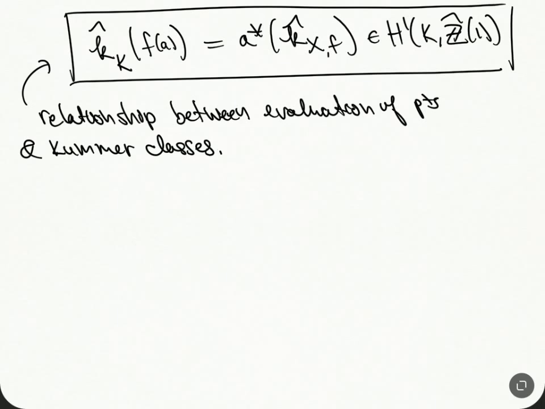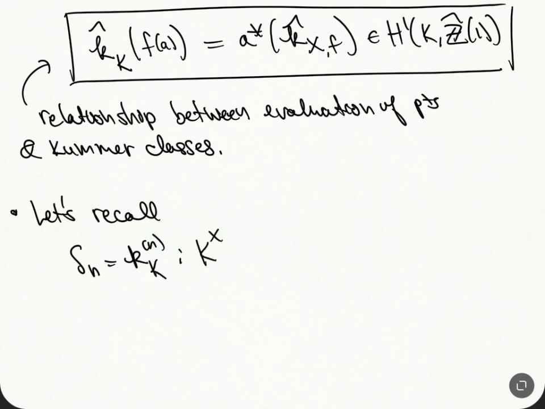Okay, now I want you to recall something that we did earlier. We had these isomorphisms here, delta n, which we called kappa n of k.